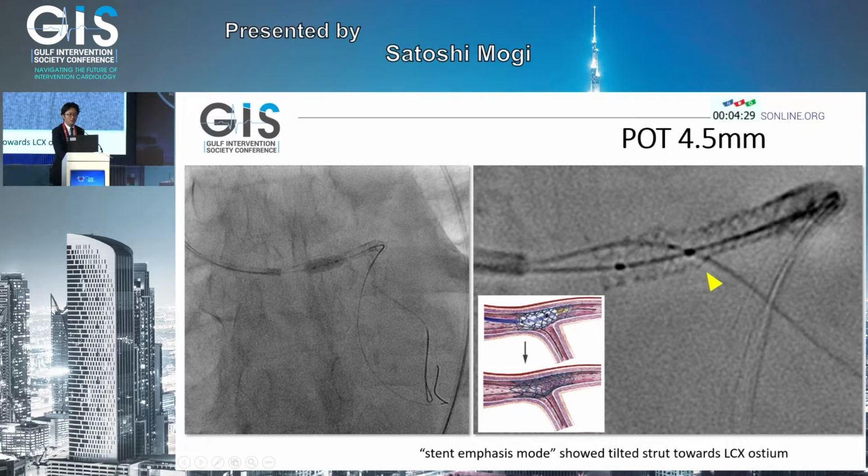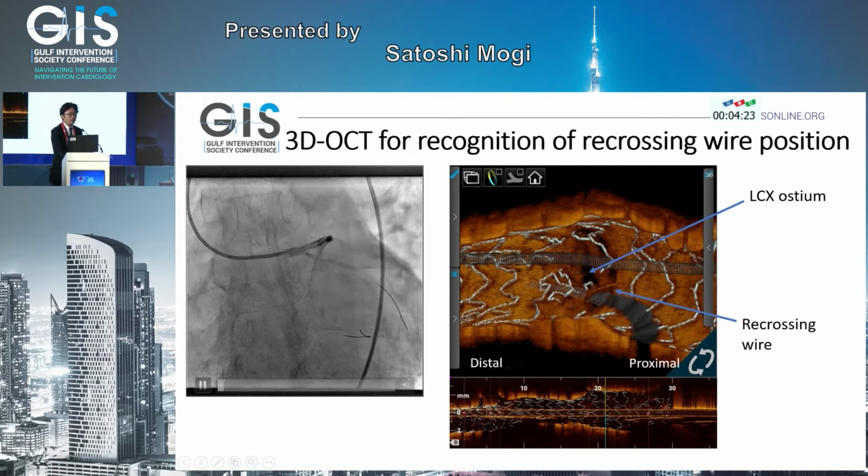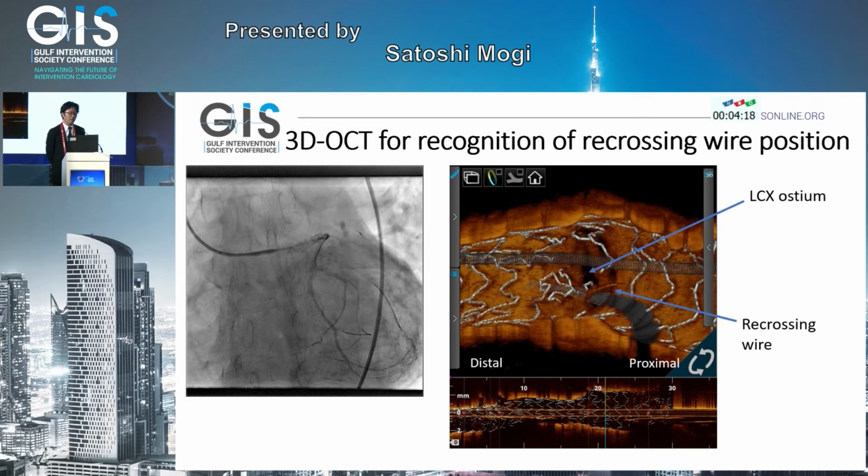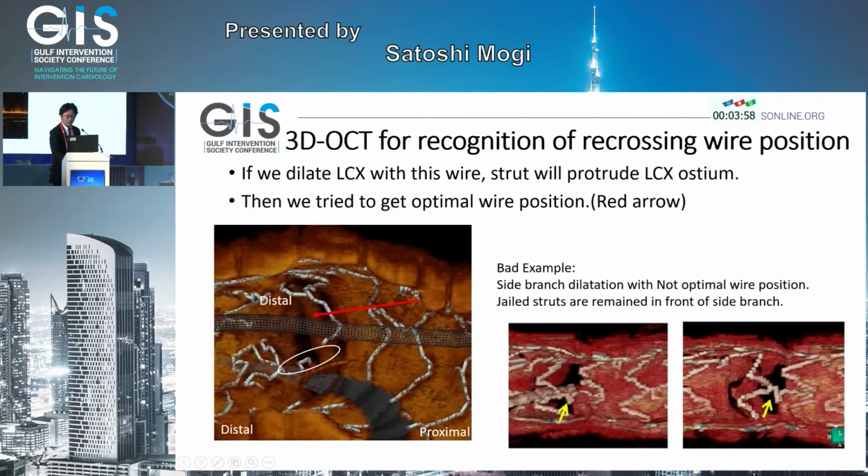After putting in the stent, we did POT in the left main. And after that, we did 3D OCT from the LAD back. This is a 3D image. This is distal, this is proximal, and this is the LAD wire. We can see the circumflex recrossed wire. We can see two cells, the below cell and the above cell.